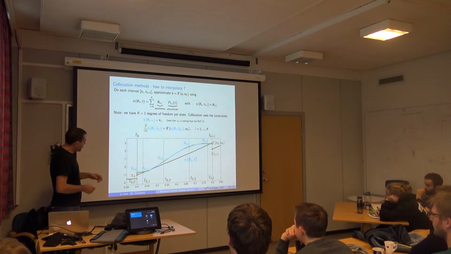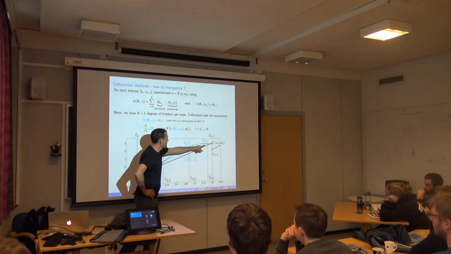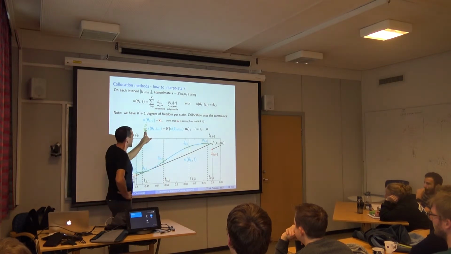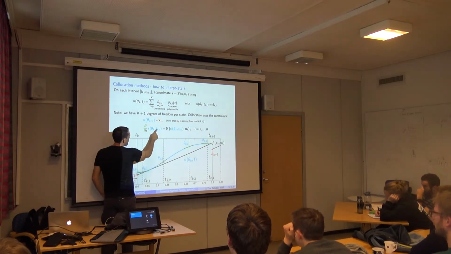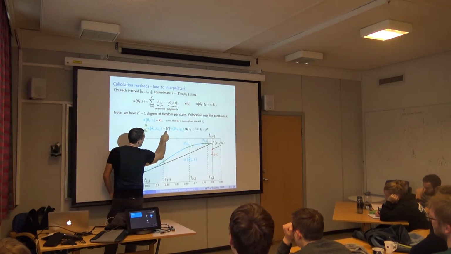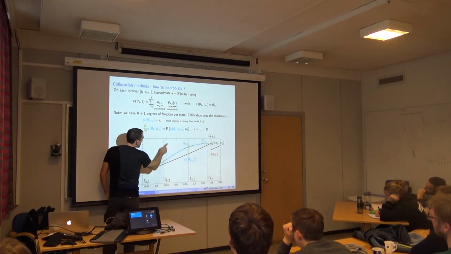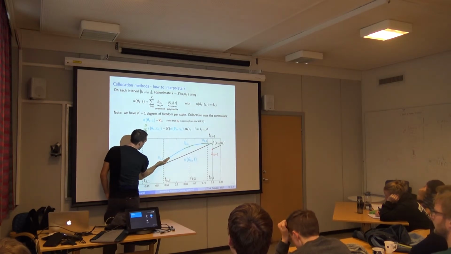And the other condition you will put is that on each of these time points, I want the polynomial to satisfy the differential equation. So the slope of my polynomial on this point, del over del t of S, should satisfy x dot equals f at this point. So I plug S in my f, and I want that to match the slope on that point.